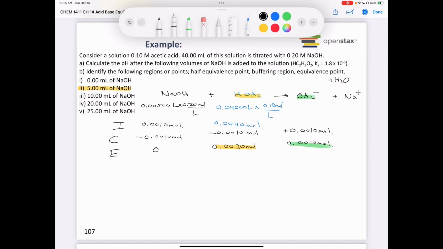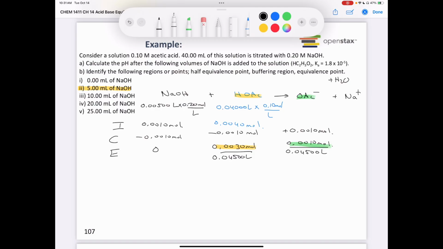So what I want to do is figure out the concentration of each one of these. And so we're going to divide by the total volume. Our total volume in this case is going to be 40 plus 5, so that gives us 45 milliliters. So I'm going to divide by 0.04500 liters.